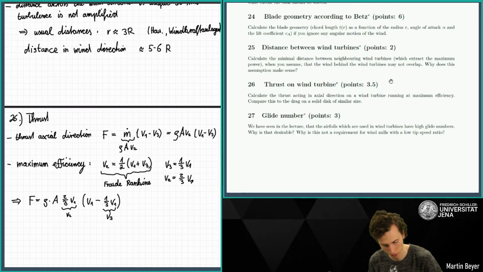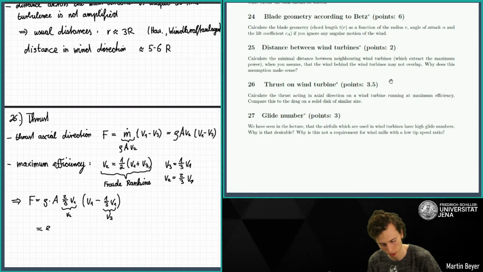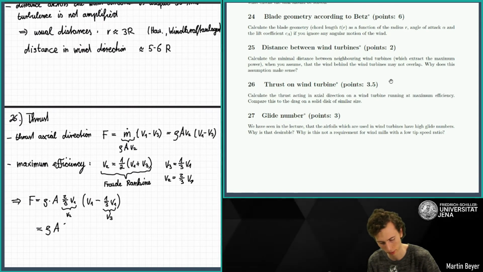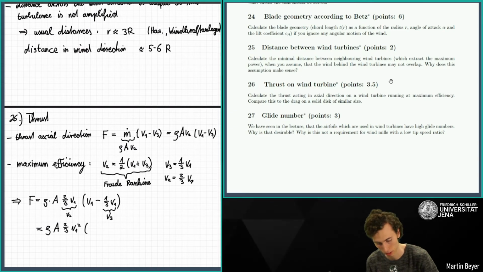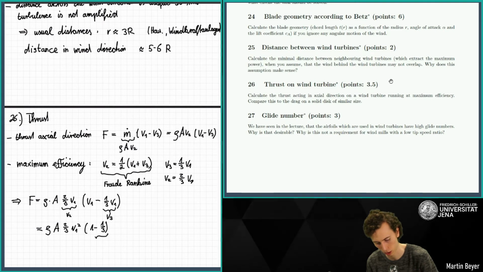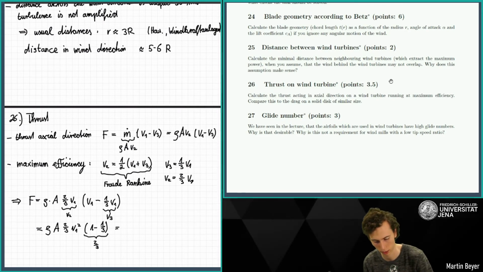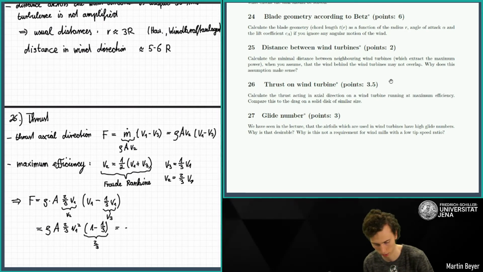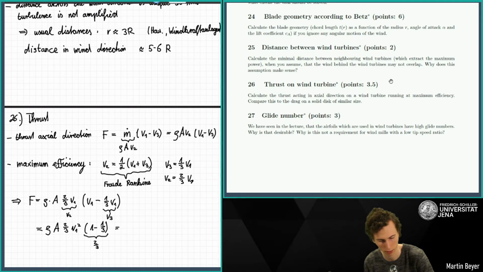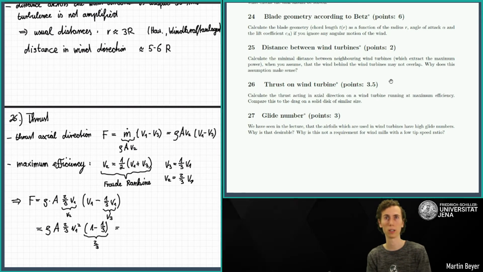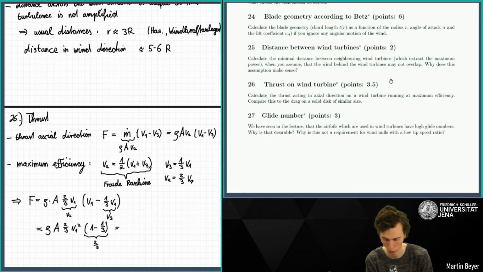So let's rewrite this as rho times A times 2/3 V1 squared, times 1 minus 1/3. And this is just 2/3. Maybe let's rewrite this in a nicer form. So we have here 2/3 times 2/3, which corresponds to 8/9.